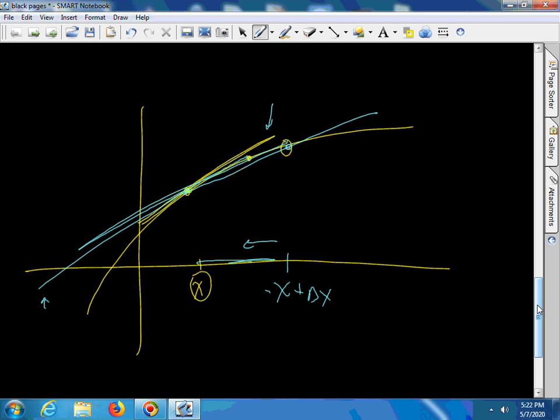And if we come closer here, that secant line is the closest of all of them. This here is the real one.